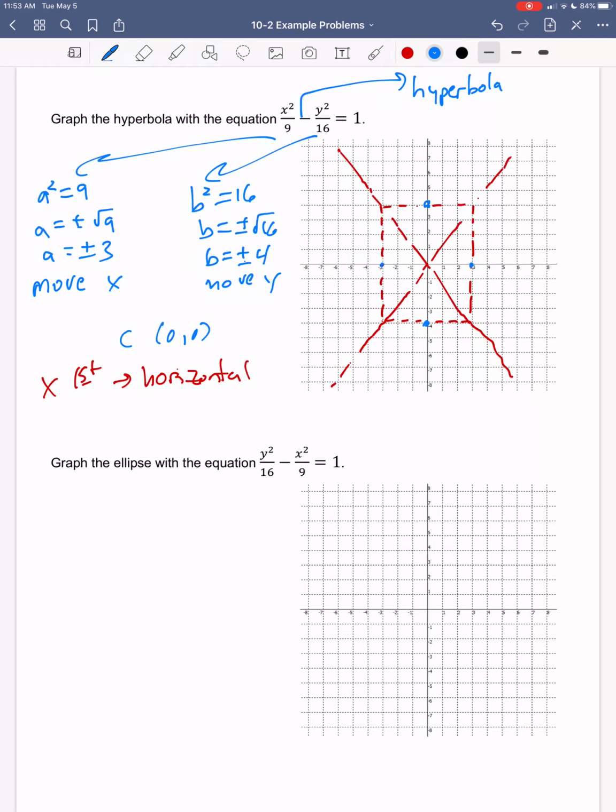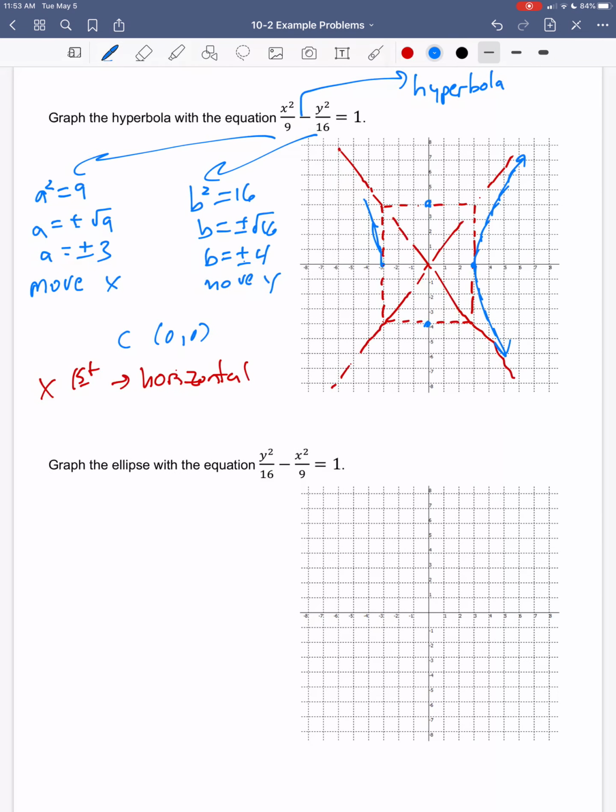Since this is horizontal, it starts on the sides. So it's going to start here. This is called the vertex. It curves away from the box, but then towards this asymptote up here. Away from the box, towards the asymptote, and it does that on both sides.